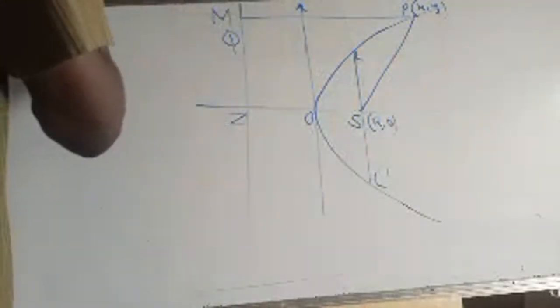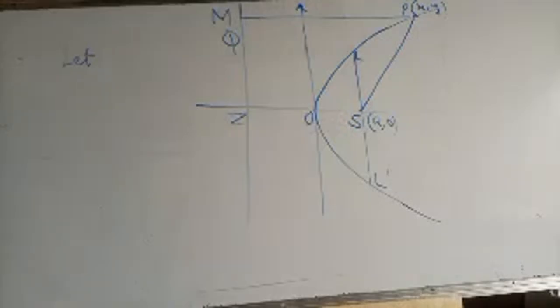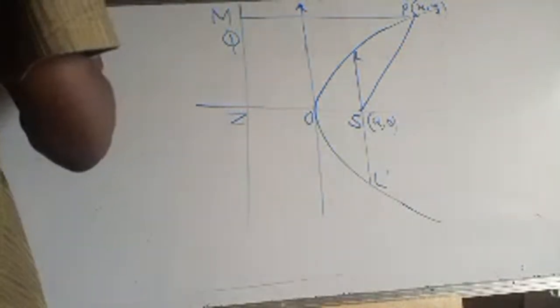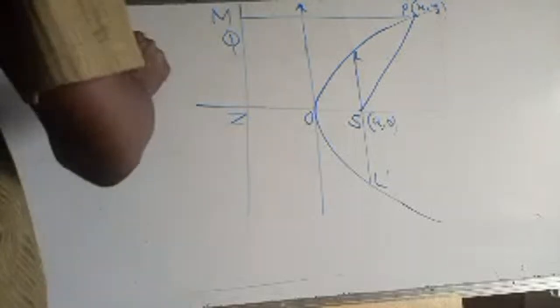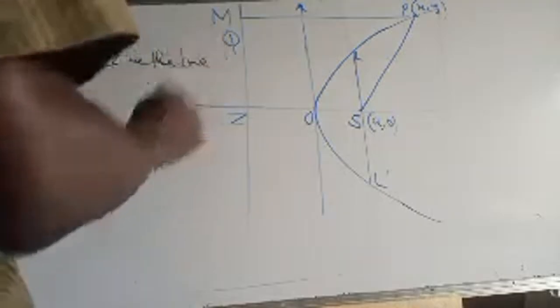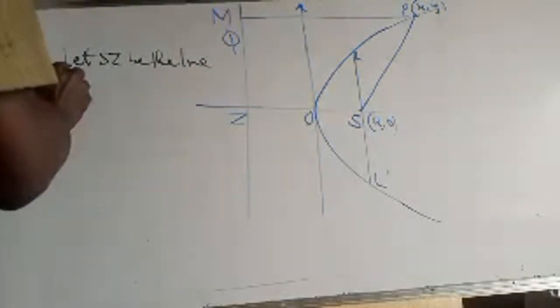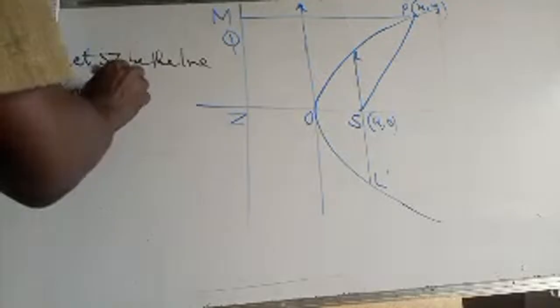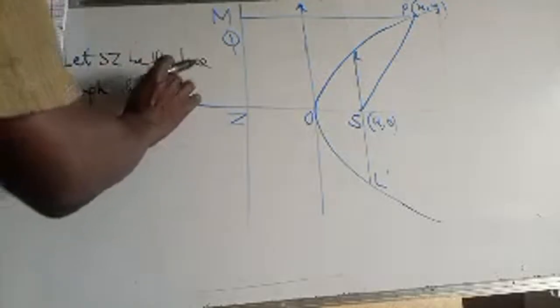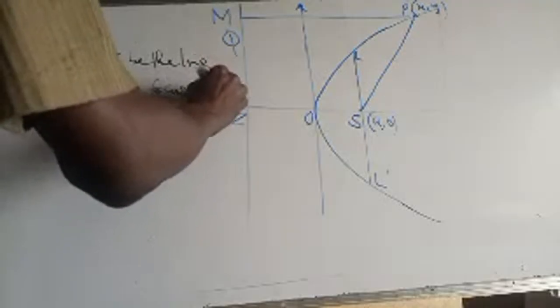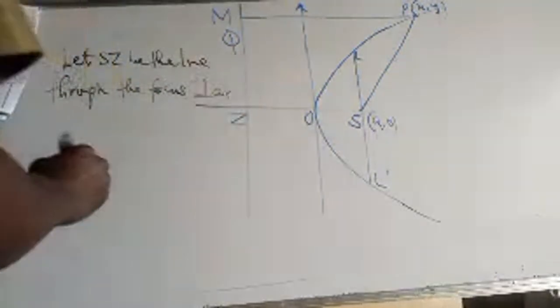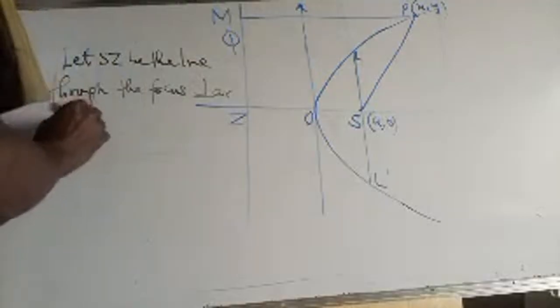So now let XZ be the line through the focus that is perpendicular to the directrix.